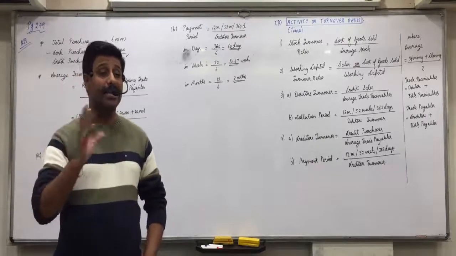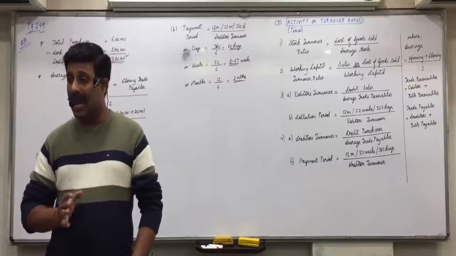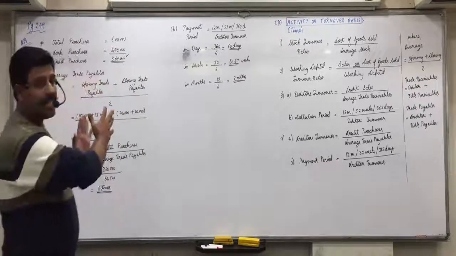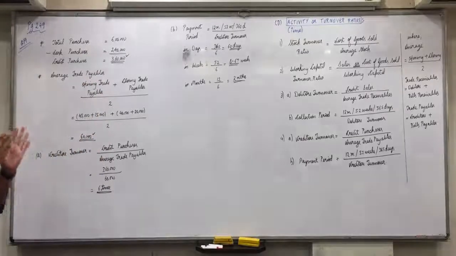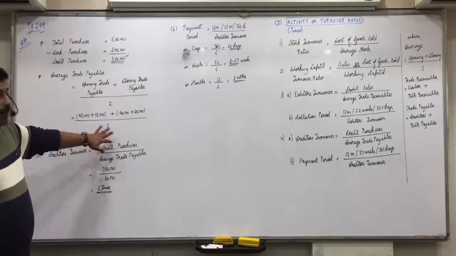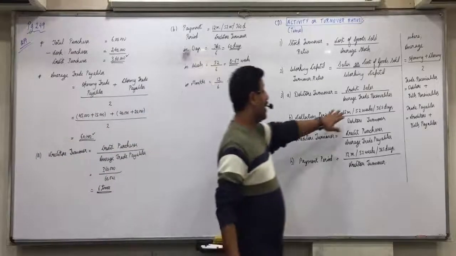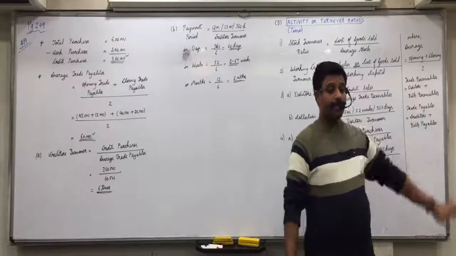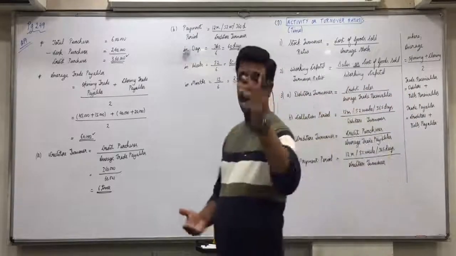How will you take debtors and bills receivable? After deducting bad debt reserve. Here in these two questions, bad debt reserve is not given. But if it was given, would you have taken debtors, in this debtors turnover, after deducting BDR or before deducting BDR? Here before deducting.